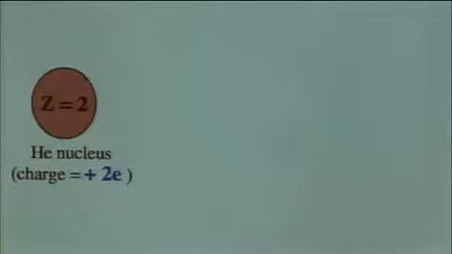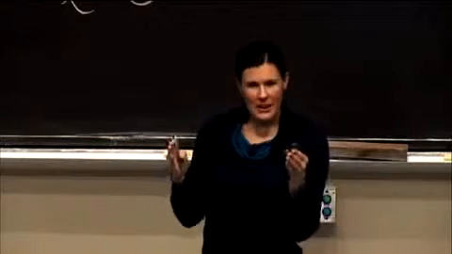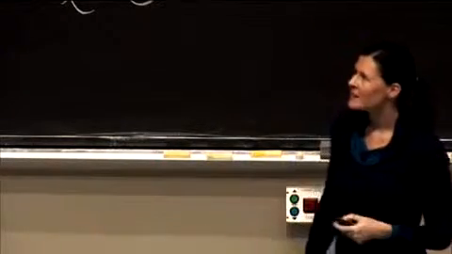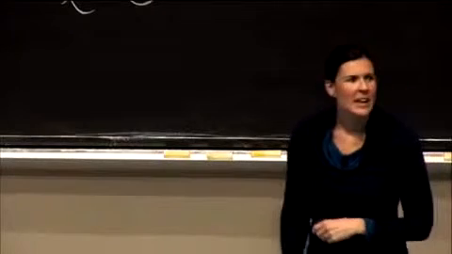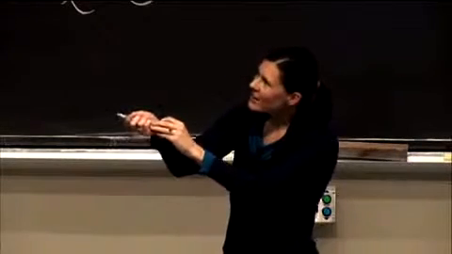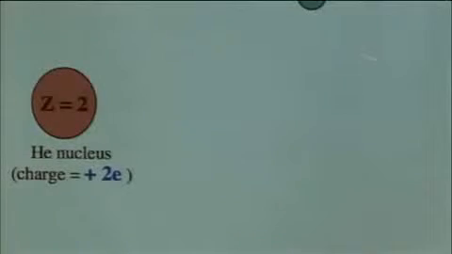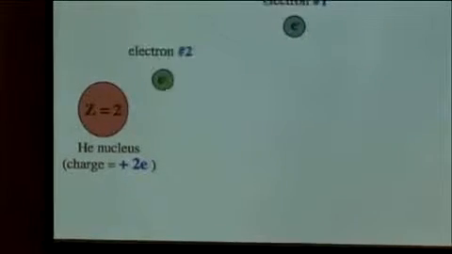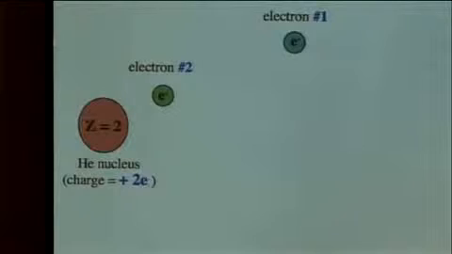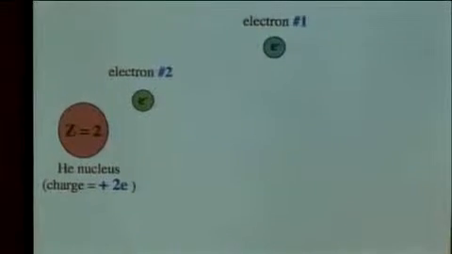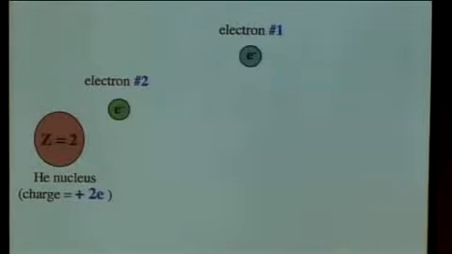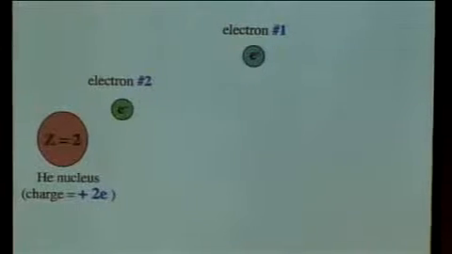So let's think of what we could have if we have two electrons in a helium atom that are shielded in two extreme ways. So in the first extreme way, let's consider that our first electron is at some distance very far away from the nucleus. We'll call this electron 1. And our second electron is, in fact, much, much closer to the nucleus. And let's think of the idea of shielding in more of the classical sense, where we're actually blocking some of that positive charge.